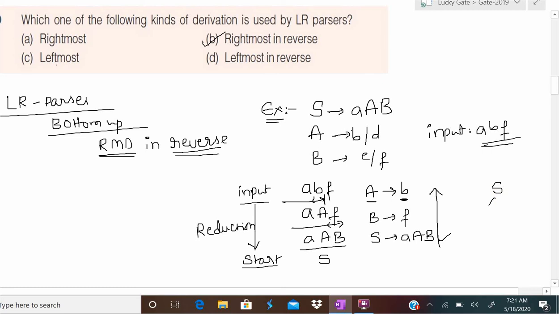S tends to small a, capital A and capital B. And what is the next reduction? B tends to F. Now observe, after applying this production, we have two non-terminals A and B. Among the two non-terminals, which one is it preferring? It prefers the B non-terminal, because its next expansion is with B tends to F. What is B? B is the rightmost non-terminal.